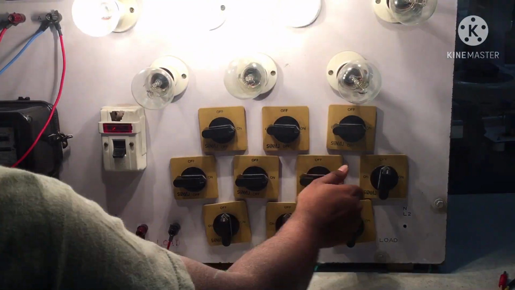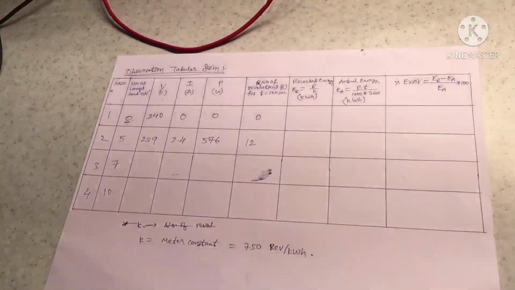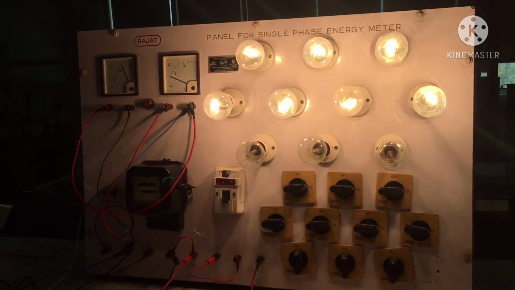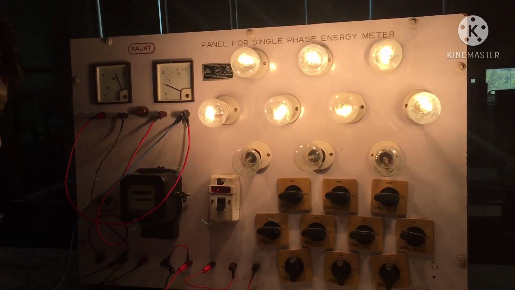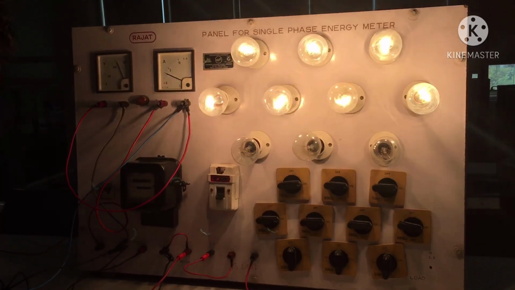Now I am going to switch on the next 2 lamps. Total 7 lamps I have switched on here. Now I measure the current reading, which is 3.3 amperes, and voltage reading is constant at 239 volts.